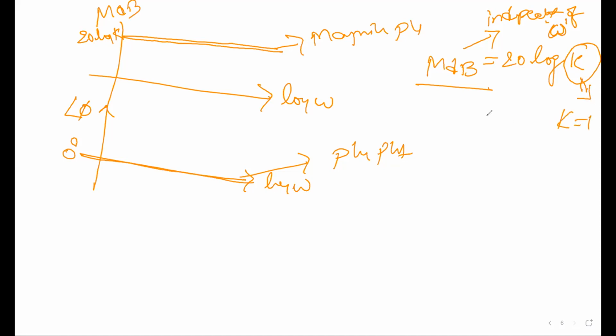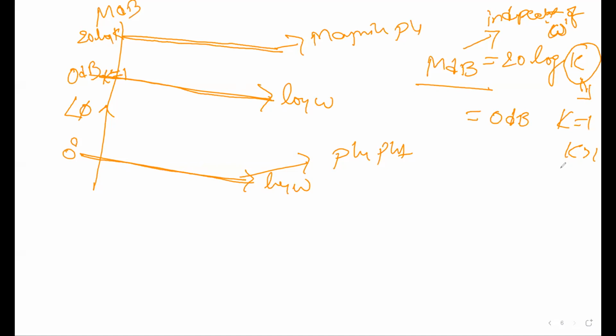Suppose k equal to 1, what is the magnitude? 0, sir. If it is the 0 dB line, it's 0 dB. So when k equal to 1, this is the k equal to 1 line.